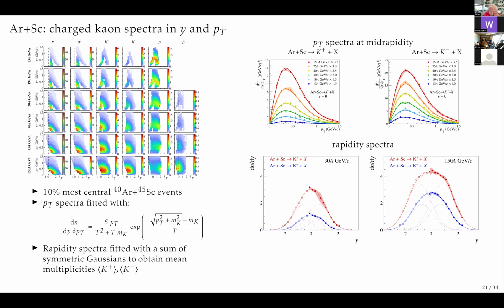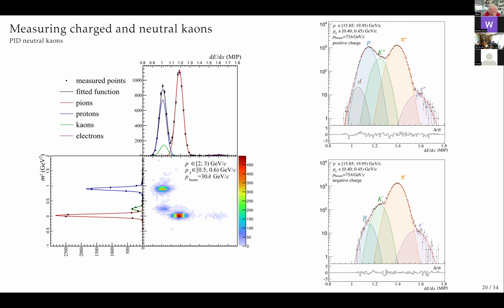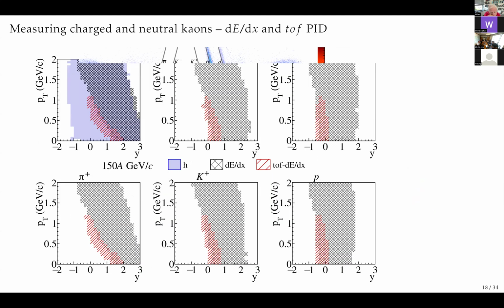No, wait. K plus is s bar u, right? Yes. K plus. So K minus is the opposite, right? K plus is s bar u. Yes. K minus is u bar s. So you have to compare K0. Sorry, I goofed that up. Wait, I'm pretty sure K plus has anti-strange.